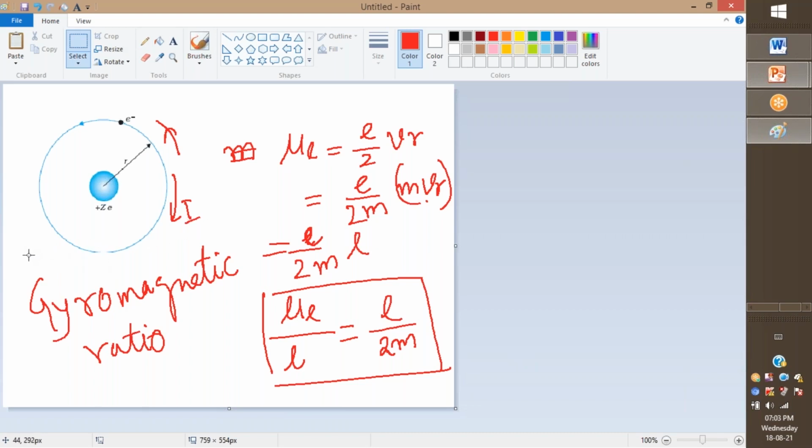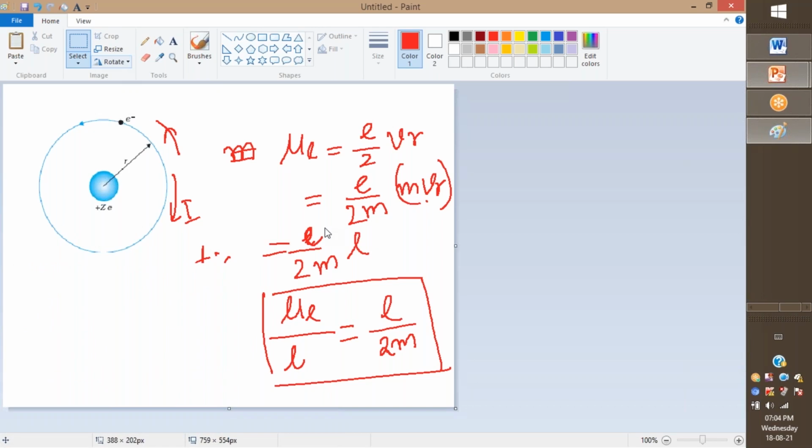Now, according to Bohr's quantum idea of the orbit, we can write a little more about this. I can write μ_L is equal to e by 2m, where e is the electronic charge, into L. L, for n equal to 1, I can write as h by 2π.